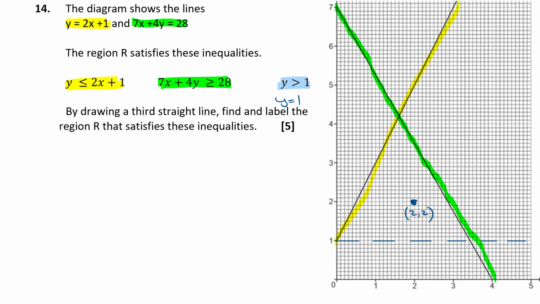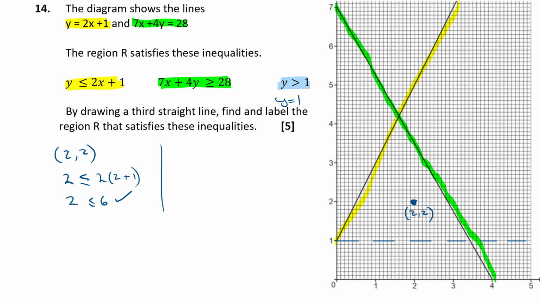So is y less than or equal to 2x plus 1 at the point 2, 2? So y, 2, is that less than or equal to 2 lots of 2 plus 1? Is 2 less than or equal to 6, in other words? Well, that is true. So, okay, we're on the right side of the yellow line.